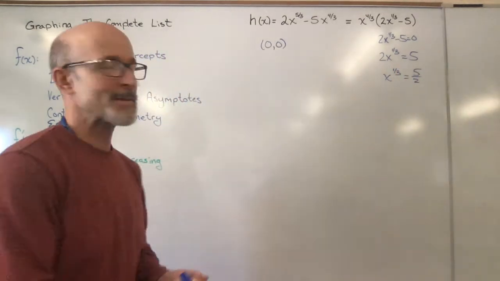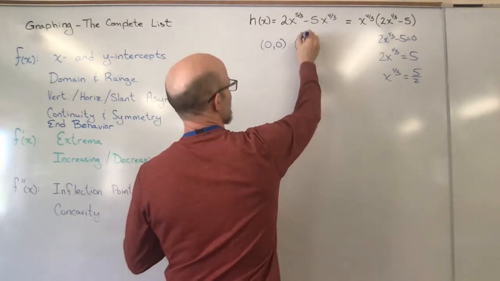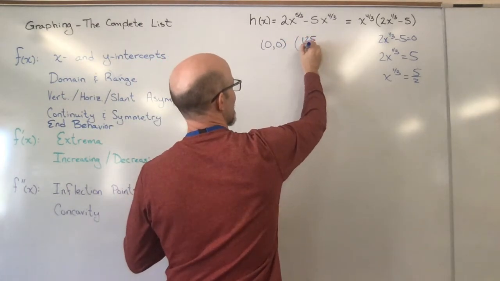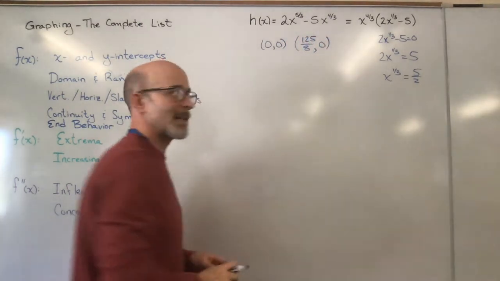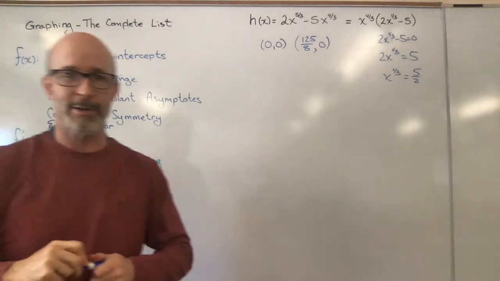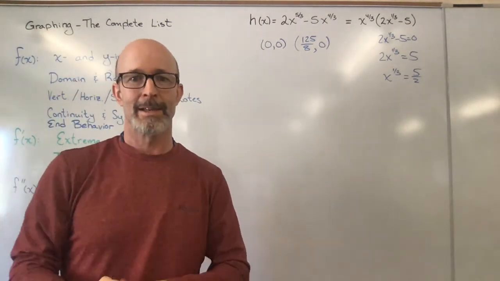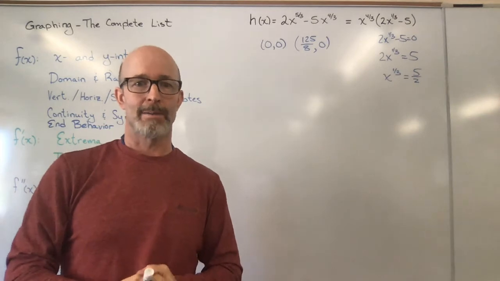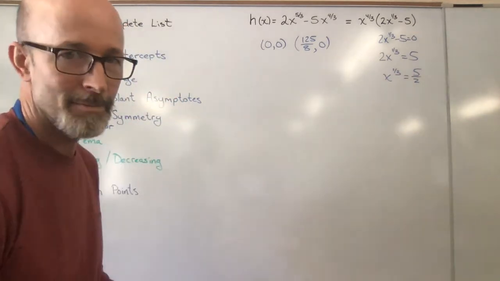Well, it looks like I'm going to have to cube both sides. Yes, it is that common and, of course, much loved answer, 125/8. Yeah, that's where our x-intercept is.